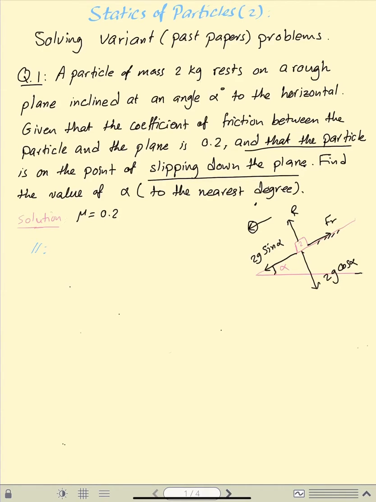Start with the main force in the direction of motion parallel to the plane: 2g sine alpha minus Fr equals 2 times 0. Why? Because we are in equilibrium, acceleration is 0. So this implies that 2g sine alpha is equal to Fr.